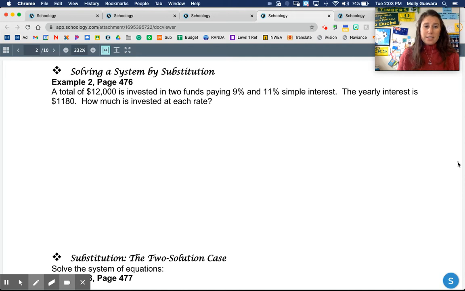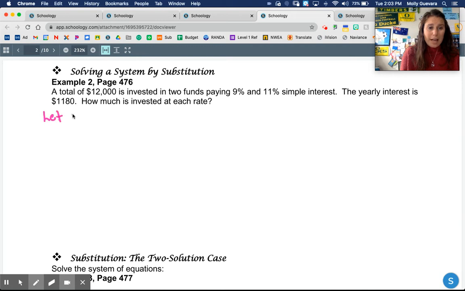The yearly interest is $1,180. How much is invested at each rate? So my goal is to find how much is invested at 9% and how much is invested at 11%, right? I have 12,000 total. How much of that is in the 9% and how much of that is in the 11%? So those are my two variables because that's what I'm trying to find.